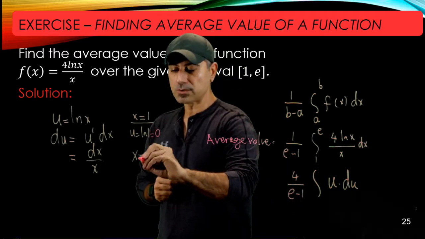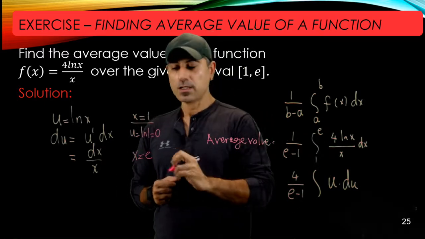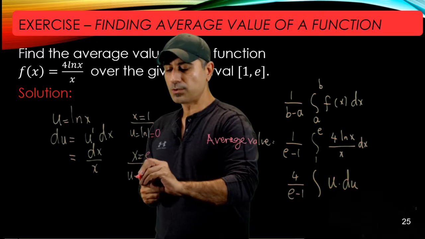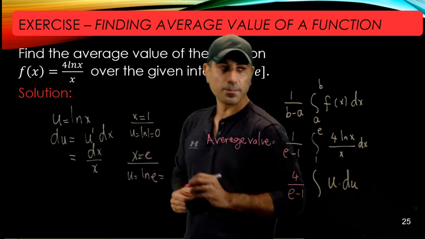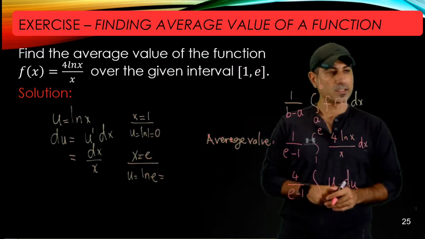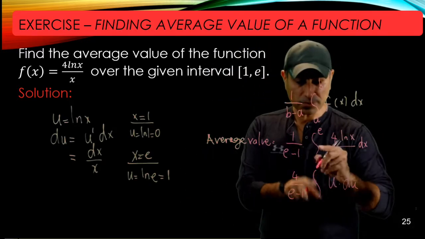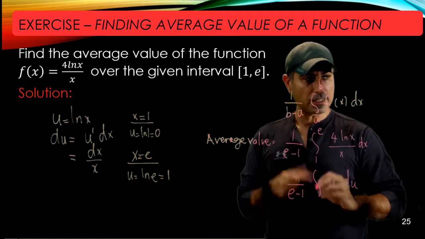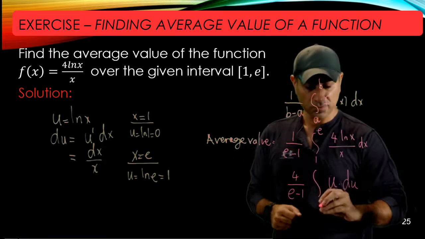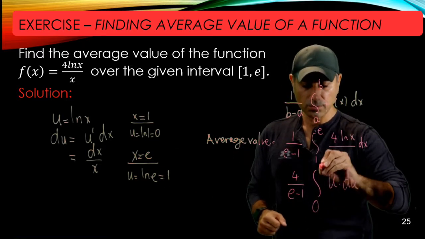When x equals e, which is the upper bound, u is going to be equal to ln of e, and if you use your TI-84, you can check that ln of e is just 1. So now I will replace those limits 1 and e by the new limits written in terms of u. So this is 0 to 1.